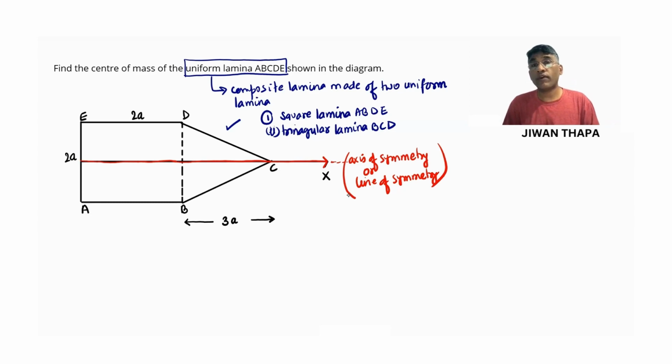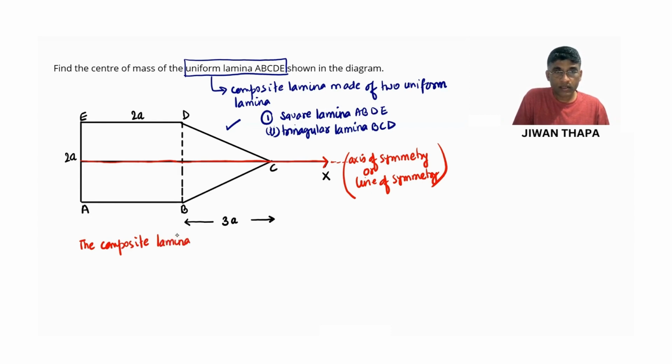So what we find is the composite lamina is symmetrical about this axis. The composite lamina is made from square lamina, which is also symmetrical about this axis, and triangular lamina, which is also symmetrical about this axis.